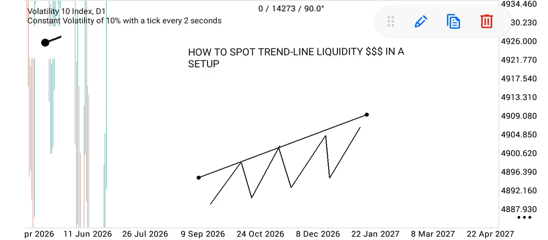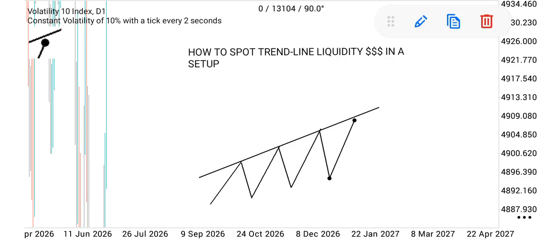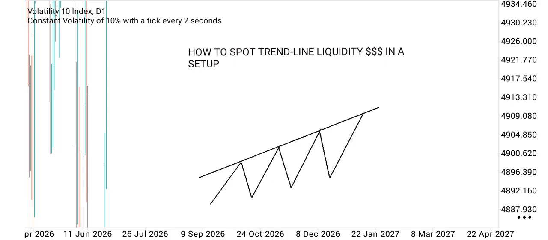The market is just doing something like this. The market is trending, just tapping into this line and failing to break above or below. This is a trendline. See how it goes.